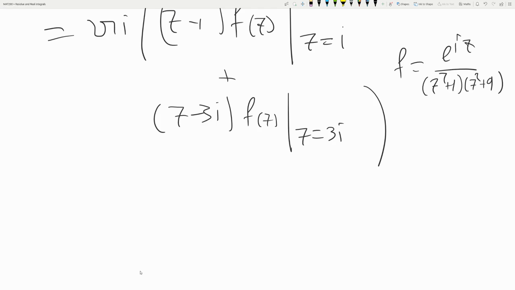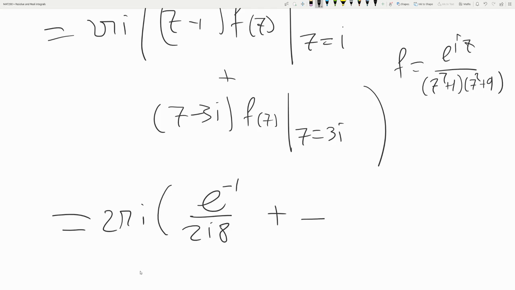I did all the computation, and you get 2 pi i, and then the first gives e to the minus 1 over 16i, and the second e to the minus 3 over 48i.